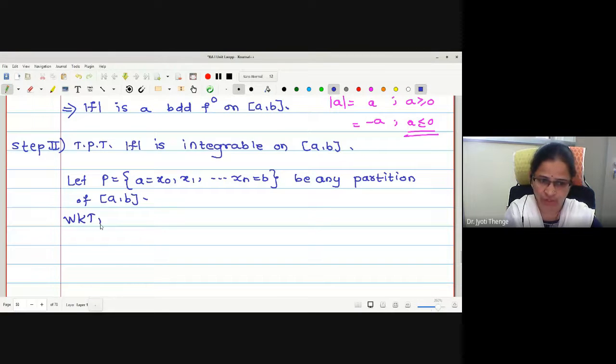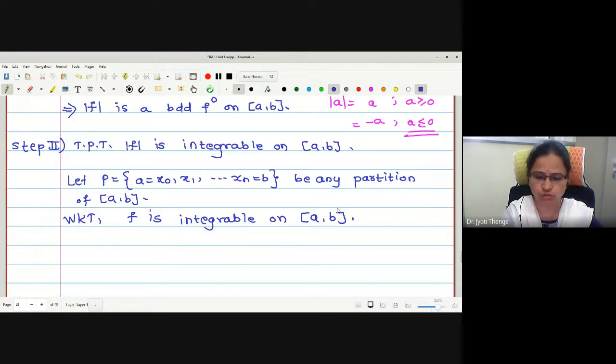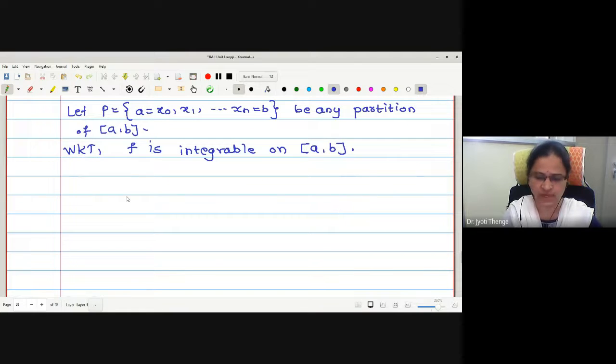What we know is that f is integrable on closed interval [a, b]. If it is integrable, let us use the condition of integrability itself for this function f.